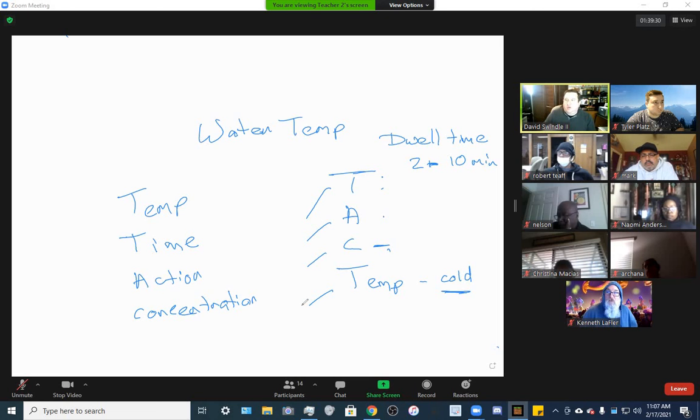It's important to follow the directions. The chemists have developed it to work a certain way. Follow those directions, follow the dilution ratios, and make sure you understand the type of chemical.